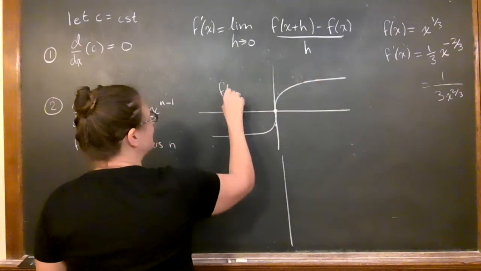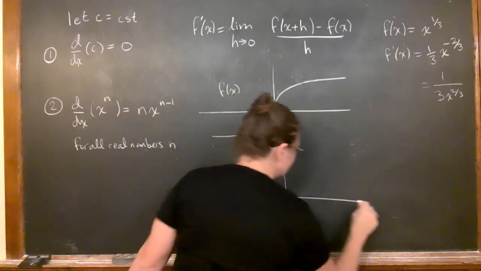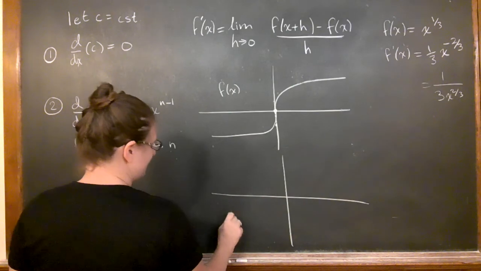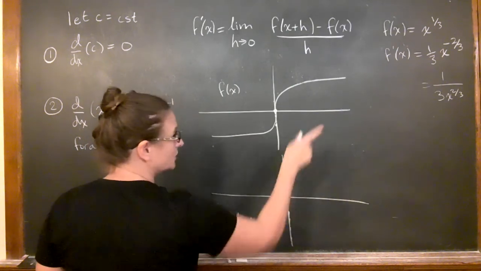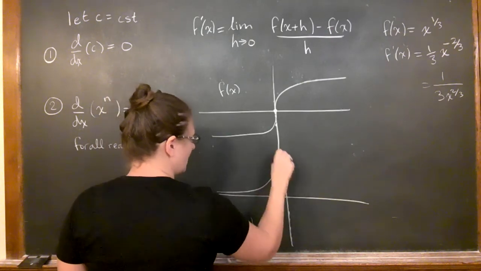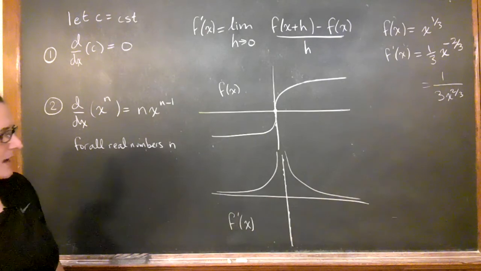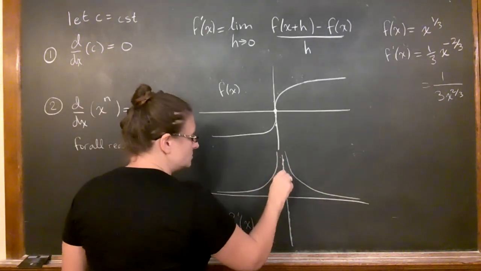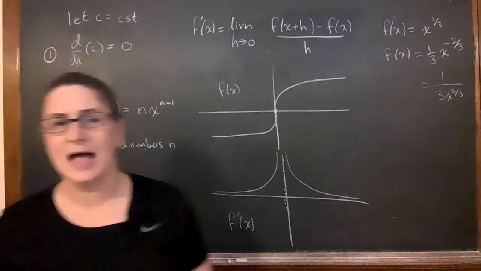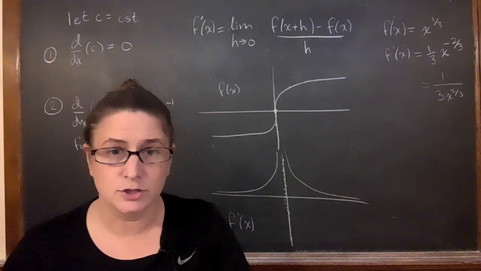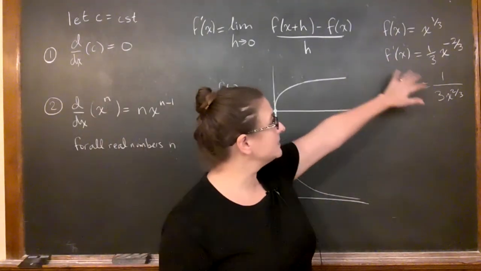So this is the function, but because it's got this vertical tangent, my derivative function has a vertical asymptote. And if I draw that, it does that. Okay, so we discussed this graphically at the end of section 2.8. Now we can see it from the formula as well.